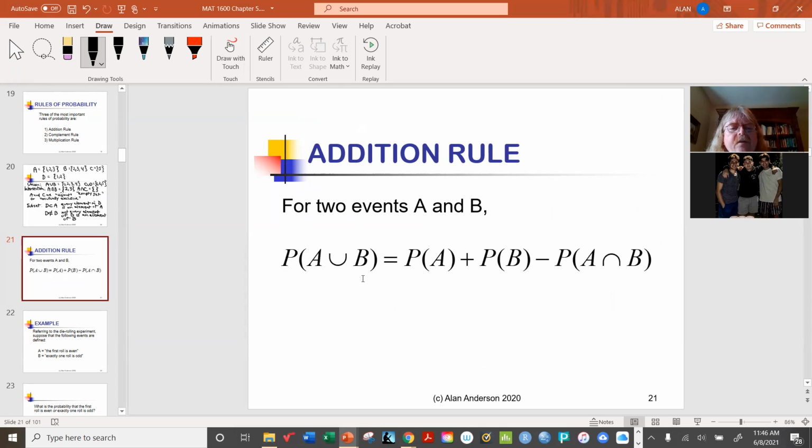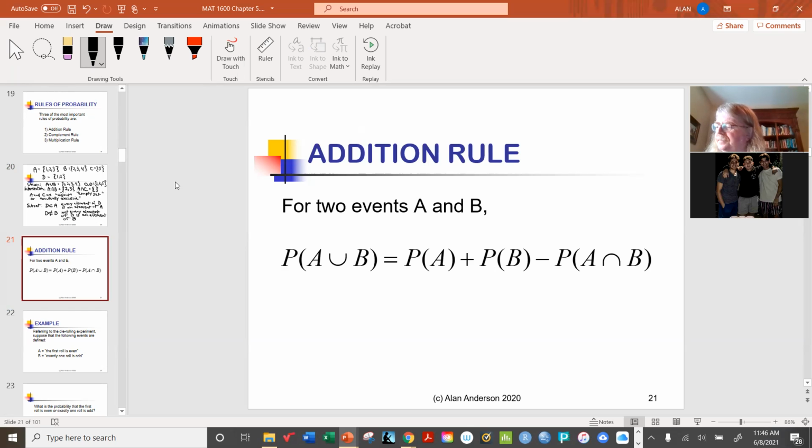So the probability of A union B is the probability of A plus the probability of B minus the probability of A intersect B. Now here, if you notice, we did not assume that A and B are disjoint. This applies to all events.